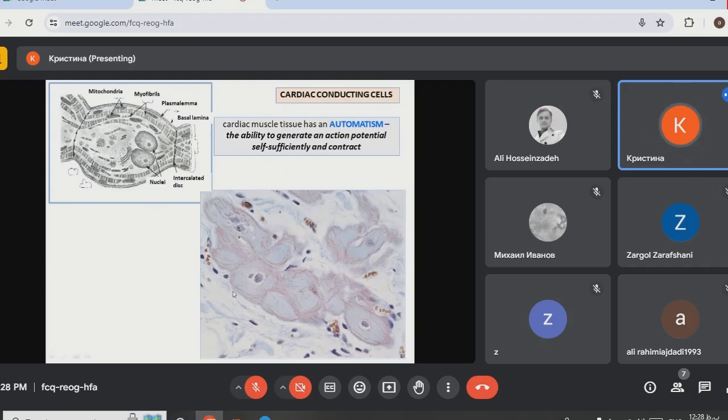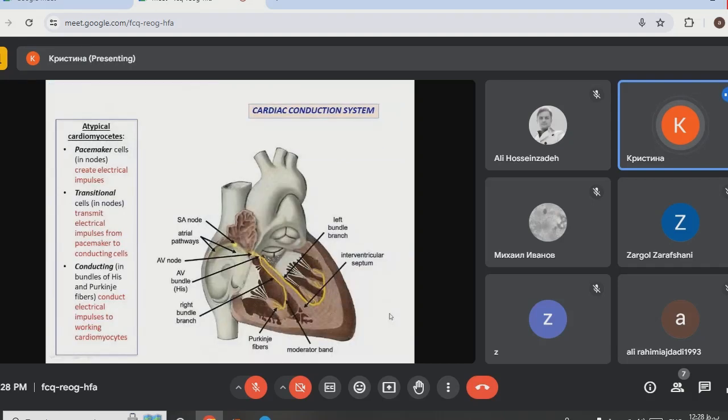This structure, which is made by a combination of several conducting cardiomyocytes, will be called a Purkinje fiber. So, the conduction system, which allows the heart to contract, includes the nodes, sinoatrial node, atrioventricular node.